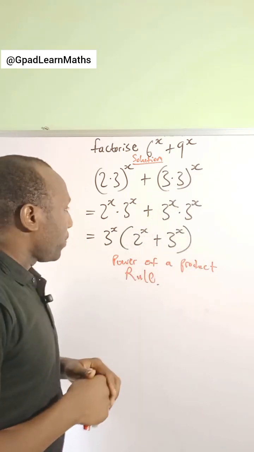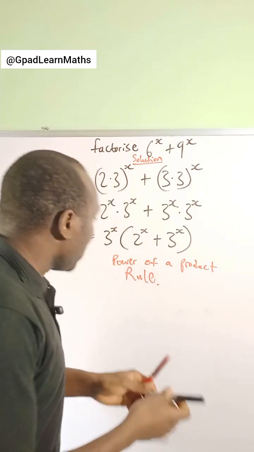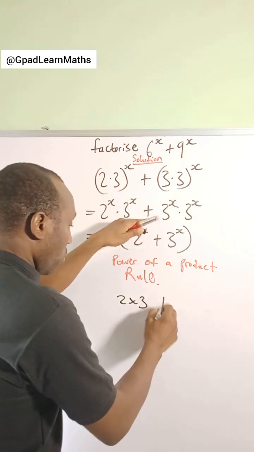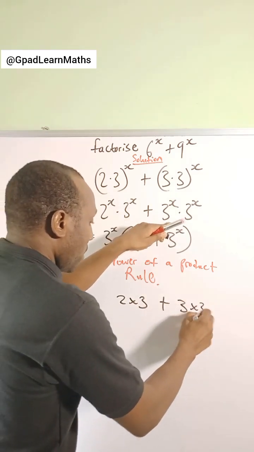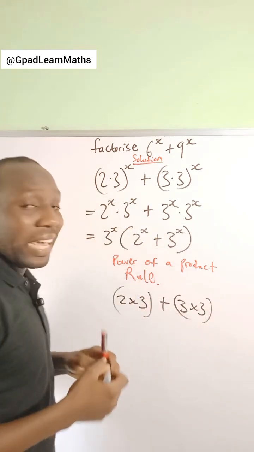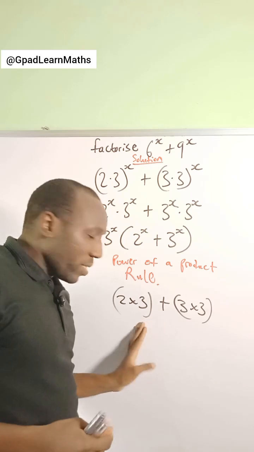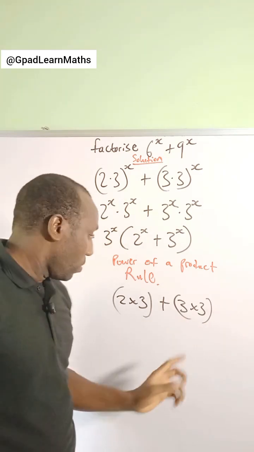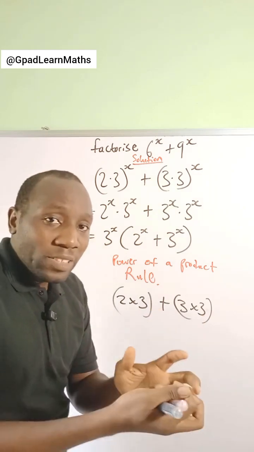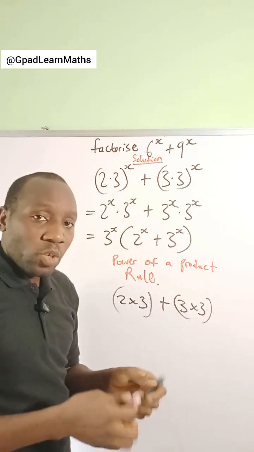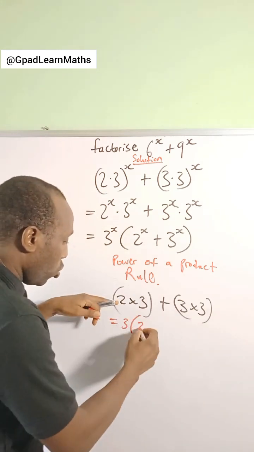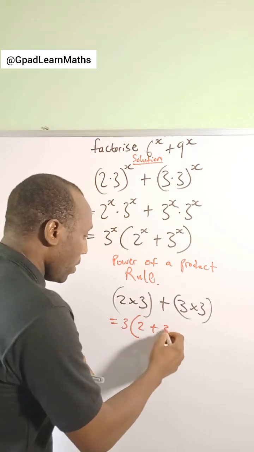Right? Now, let's say you have 2 times 3 plus 3 times 3. I'm just writing this out like this. If you want to factorize this, what is common between this term and this term? What's common? 3, right? So you can factor out 3 since it is common. Now when you factor out 3, open a bracket and then write what? 2 plus 3.